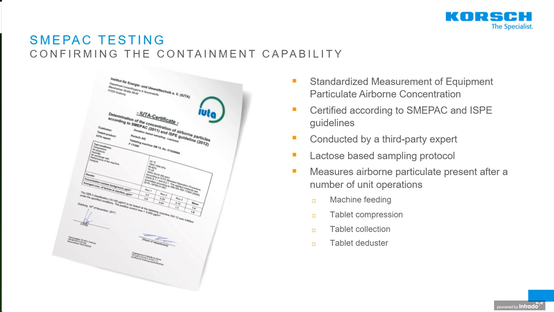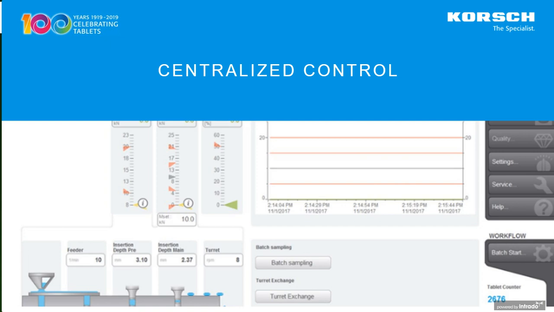We run the machine through a number of operations, including feeding, tablet compression, tablet collection, dedusting, and so forth, WIP, open the windows after a WIP sequence, and it's measuring airborne particulate. And of course, this is a documented way to prove that the containment capability, the design requirement, has been met with the full system assembled and in operation.